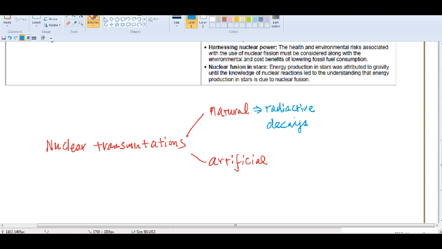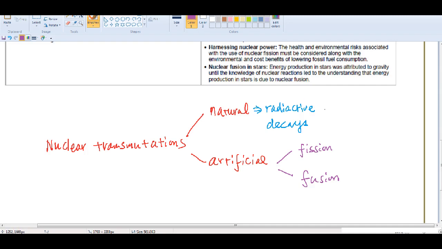So today we are going to learn two types of artificial nuclear transmutations. They are what we call fission and fusion. Both fission and fusion on the Earth can't happen naturally. You must have some artificial intervention by our technology to make it happen. But once they happen, they release huge amounts of energy.